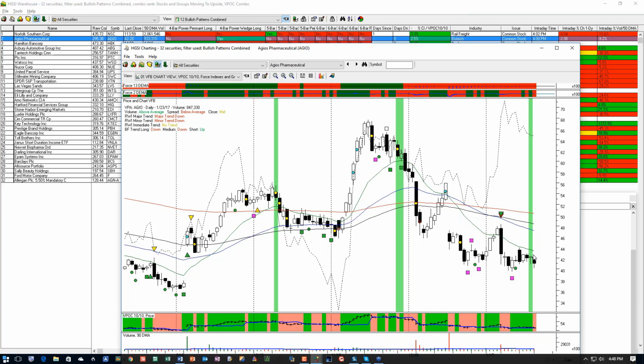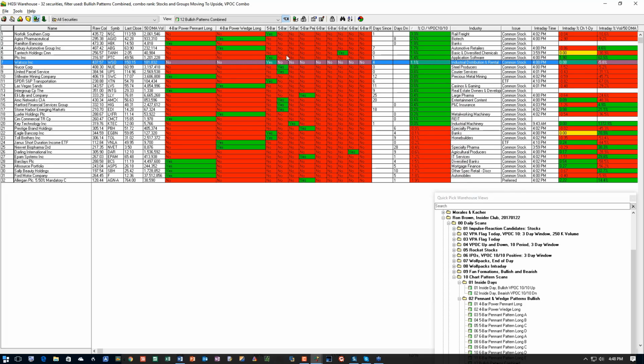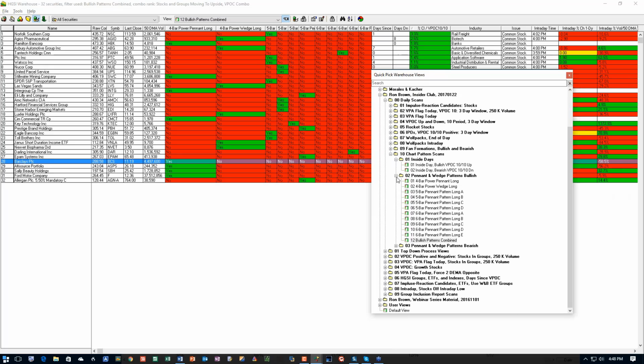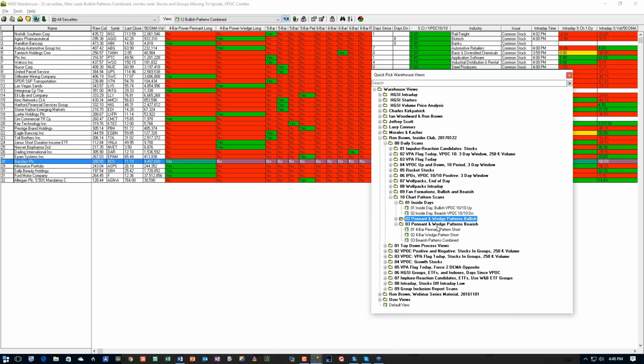So I'm going to be doing more work with these. I have not had a chance to do a lot of work yet, but they're going to prove useful down the road. You're just not going to get a lot of prospects right now. But like I said, if I add those moving average requirements, then we're going to be seeing stocks in trends that are forming pennants or wedges, and we will not spend time looking at stocks that are really not candidates.